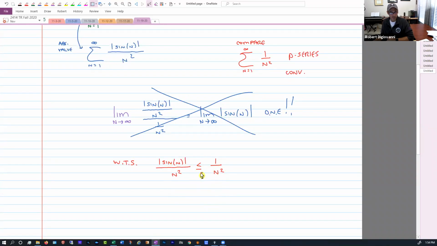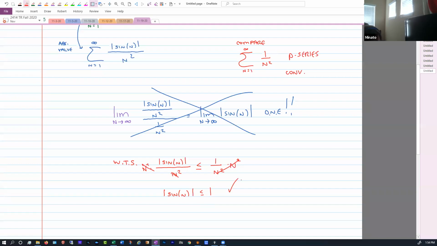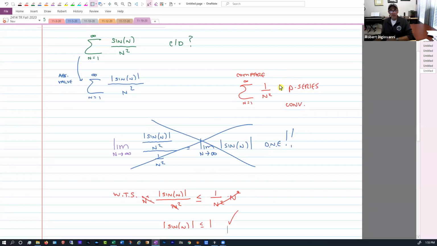Now, just multiply both sides by n squared, cancel, cancel, cancel. What do you get? Absolute value of sine n less than or equal to 1. True or false? True. Is the absolute value of the sine function always less than or equal to 1? Yes, that's true. Therefore, whatever this does, that does.